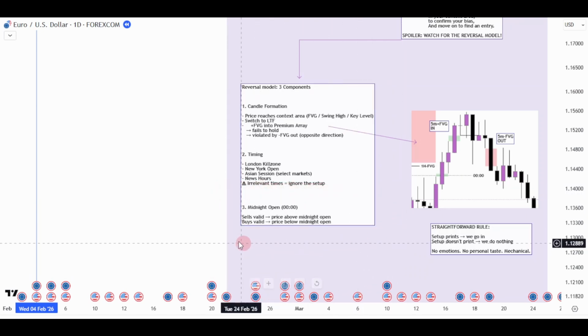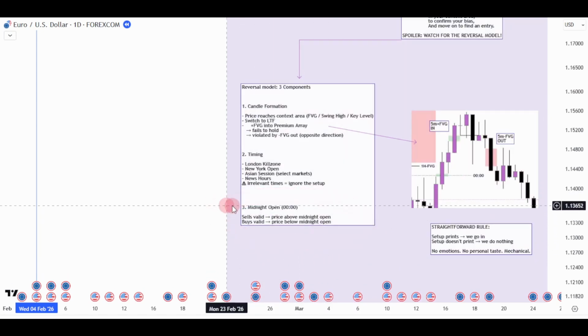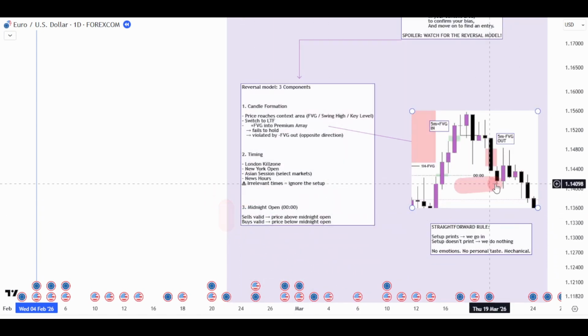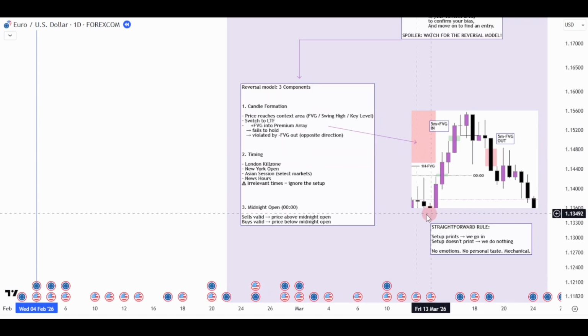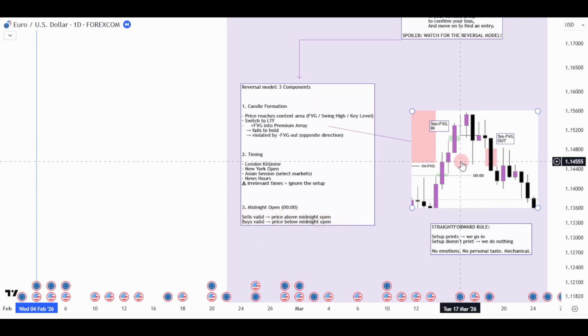And on top of that, we have the component number 3, which is the midnight open. The midnight level matters because it's the level that logically divides premium of day and discount of day. Premium above, discount below. So this whole setup would be the most efficient above midnight for sells and below midnight for buys.